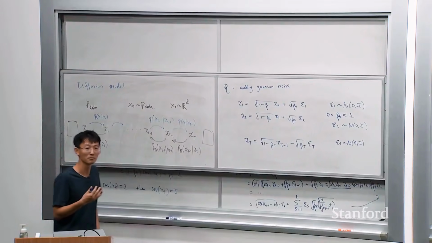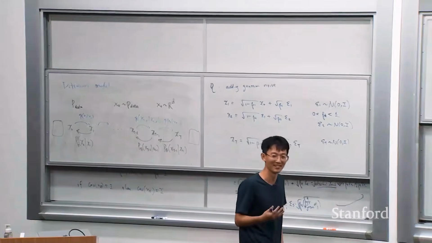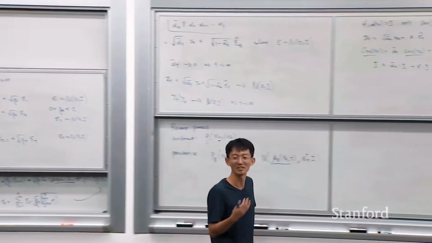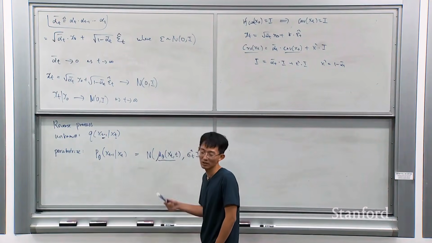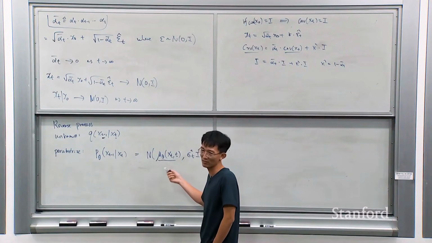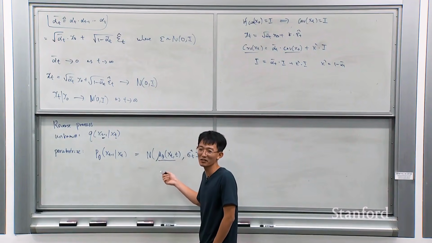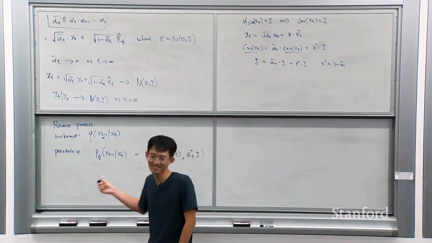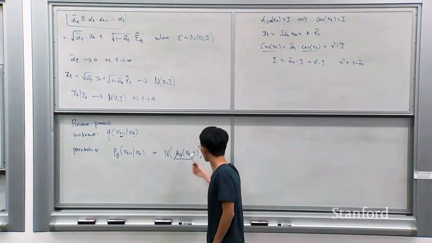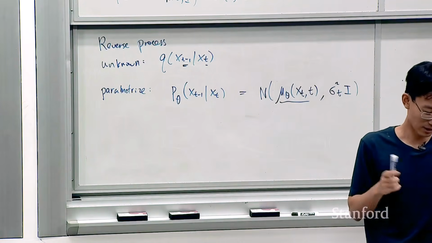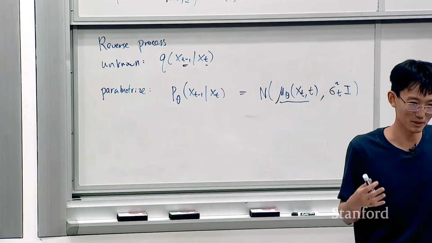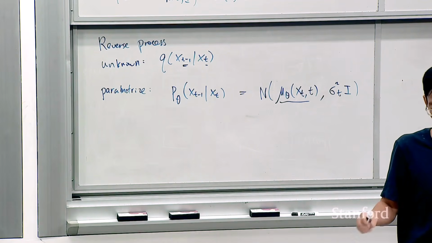The difference is probably more about why it's better, not a similarity in some sense. Because if you think about it, almost everything is like this. Every time you want to learn a distribution, it's always a Gaussian with some mean, which is a neural network, and the variance is sometimes also a neural network. Here, actually, the variance is not. So they all look somewhat similar. The difference is probably what's more important.